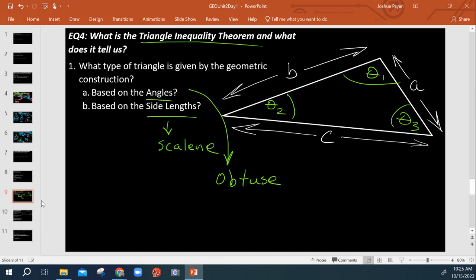We don't know the exact numerical value for any of the angles or any of the sides. We can simply deduce theta 1 is obviously greater than 90 degrees, which is how we know it's obtuse. And we can assume that C is greater than B, and B is greater than A in length, right?